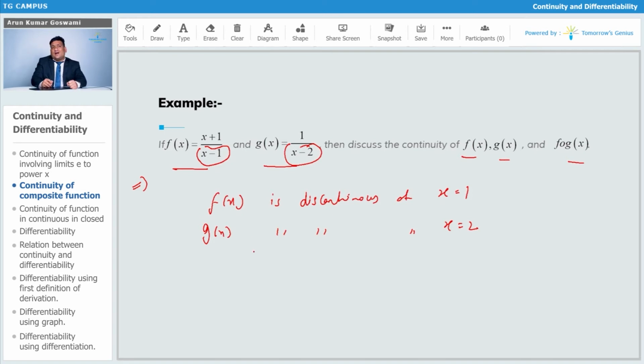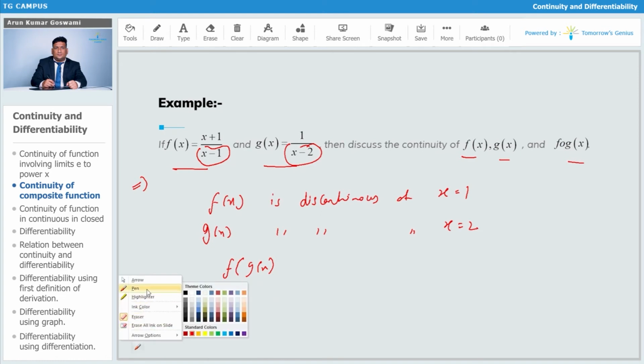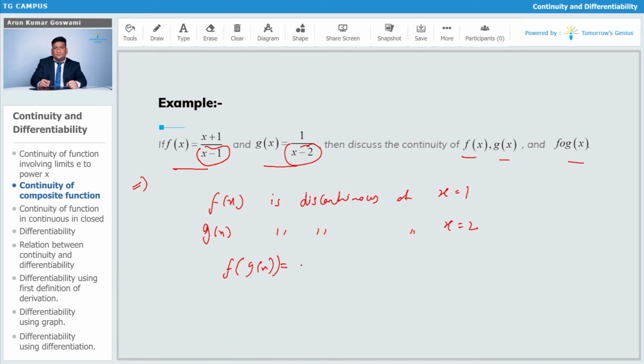Now first we will find f(g(x)), which is basically fog(x). How to find it? In f(x), you just replace x with g(x).